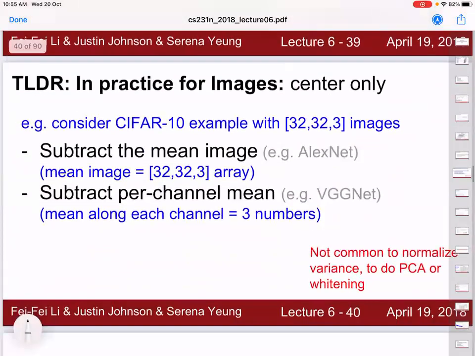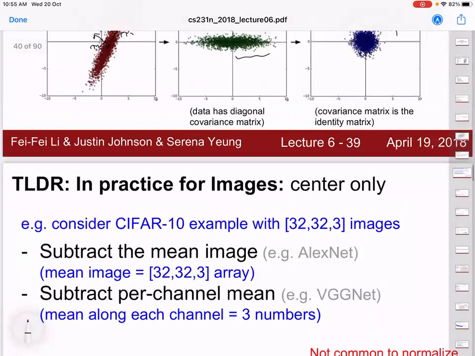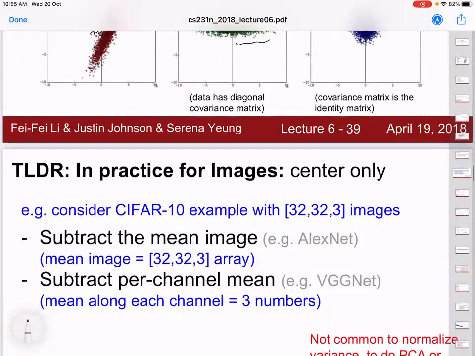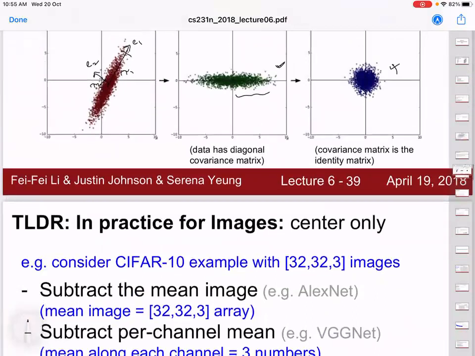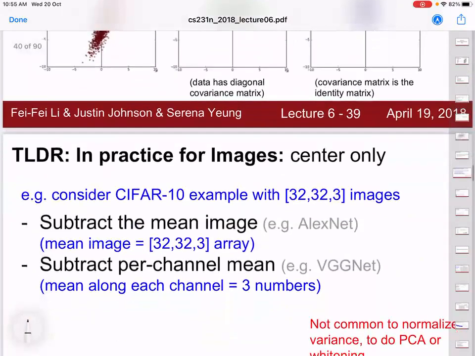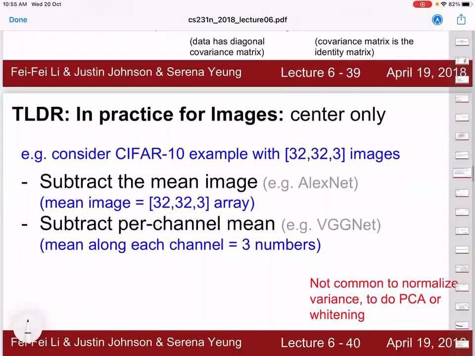So in practice, how we do demeaning in images is by creating a mean image and subtracting the mean image. That's one way. Or for each channel, we find the mean value and subtract it from the channel.